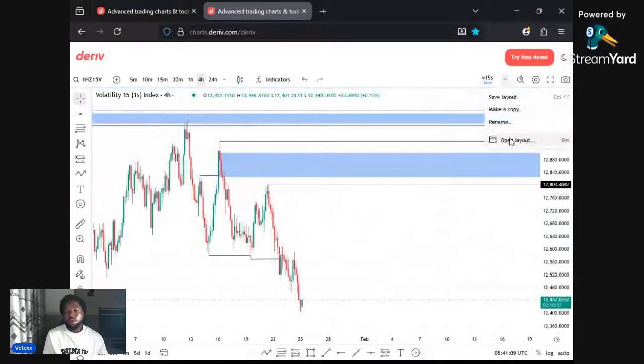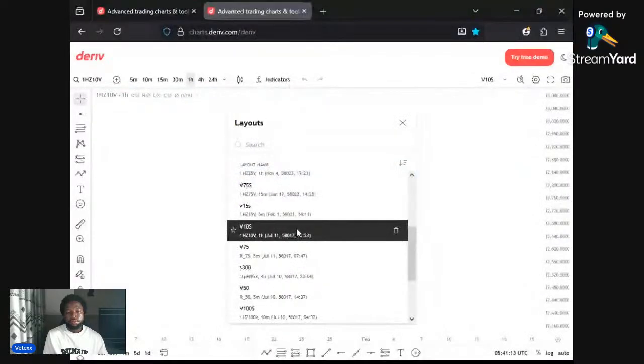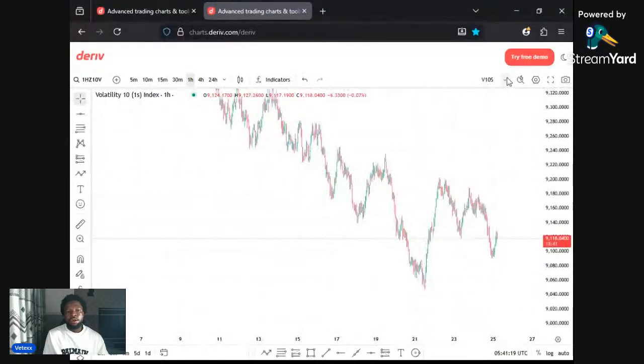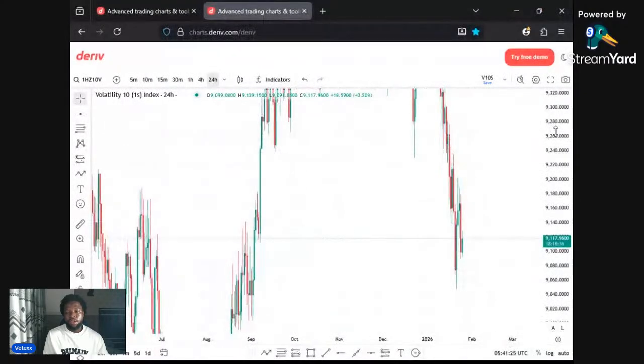The next pair on our list we are going to be checking is what? V10S. Okay. You can see that on the weekly time frame, V10S is bullish. It hasn't smashed its target yet.